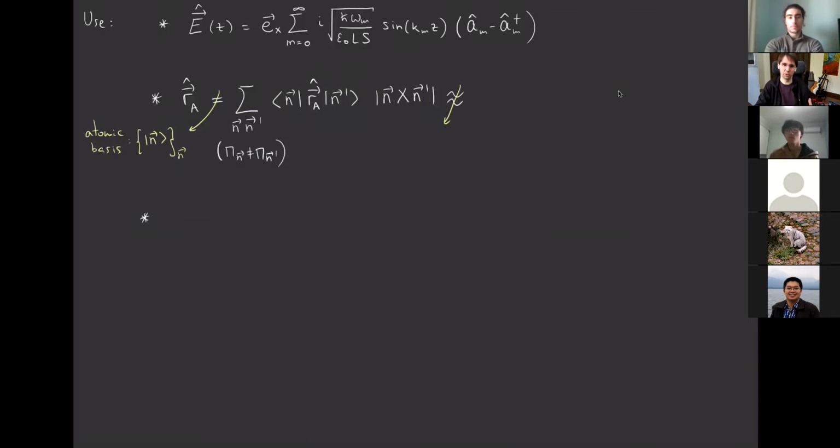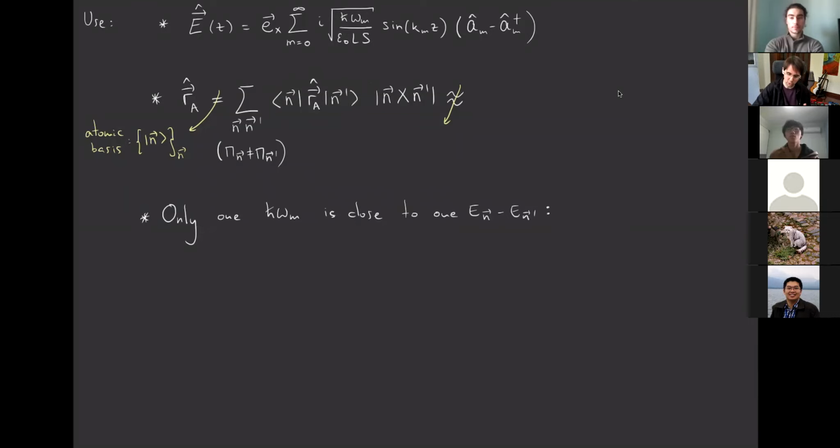This is an approximation, but not in the sense that this can't be done in the lab. It's not a physical approximation. Imagine that only one particular cavity mode, omega m, is close to resonance to only one specific transition, one E n prime.